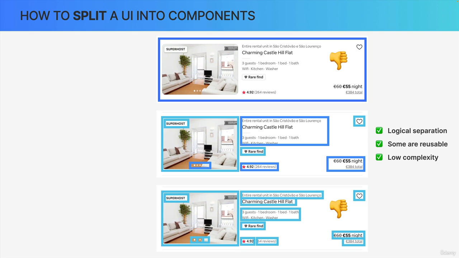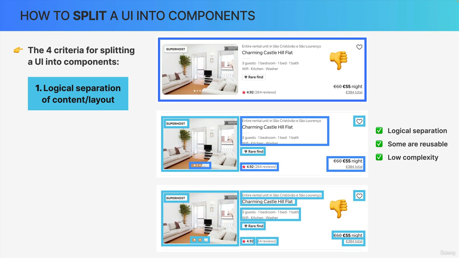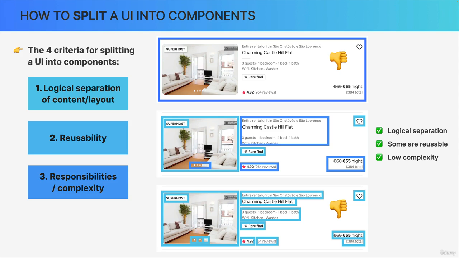Okay, and so from this, we can now derive a couple of criteria that we can use to split a user interface into components. First, when we decide which components we need to implement a certain UI, it's important that these components create a logical separation of the content or even of the layout of a page. We should also strive to make some of these components reusable and ensure that each component has a single, well-defined responsibility.